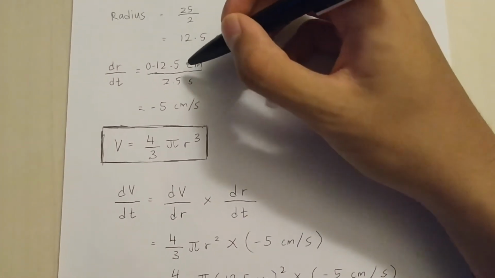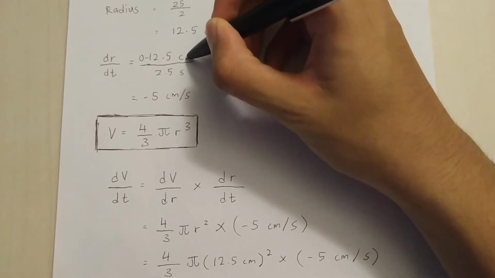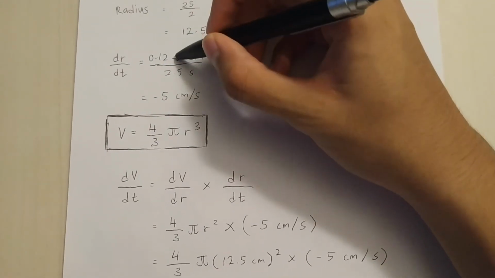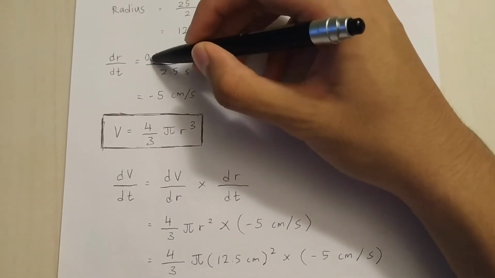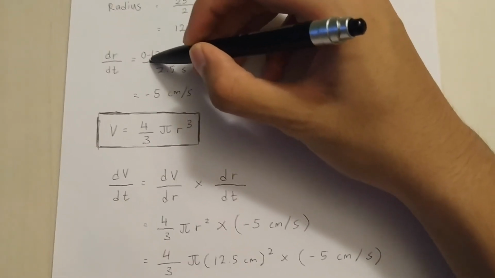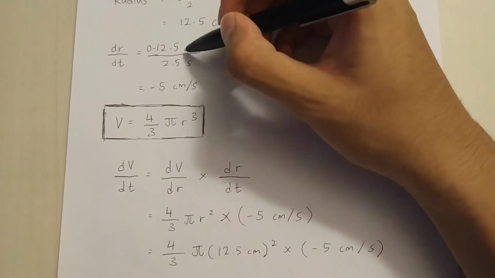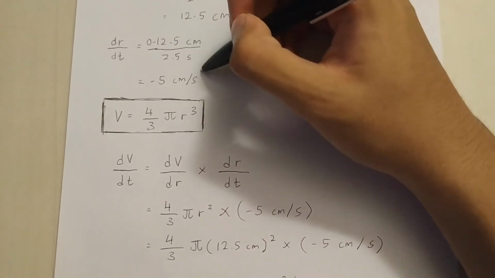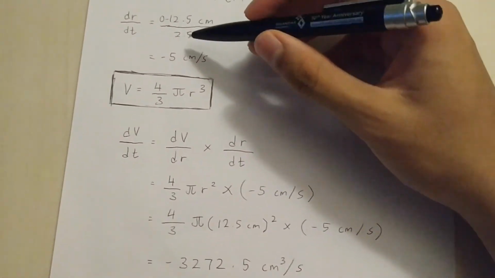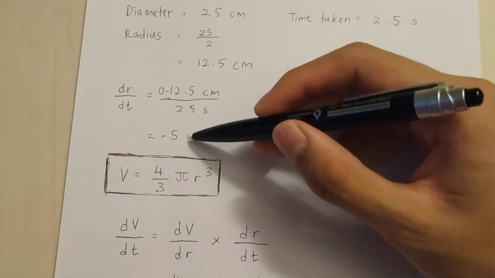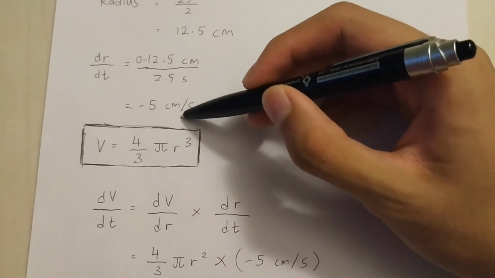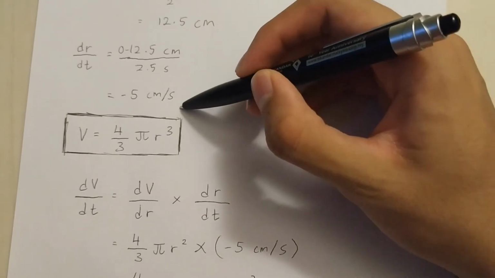To find the rate of change of radius, we need to subtract the initial radius from the final radius, then divide by the time taken. Then we get the rate of change of radius, which is negative 5 cm per second.